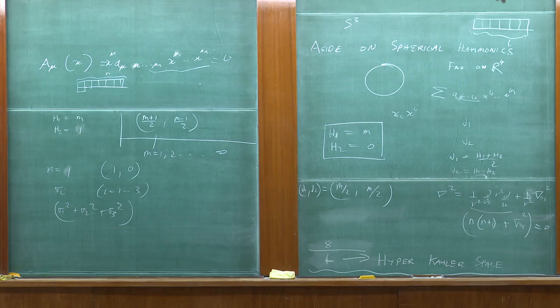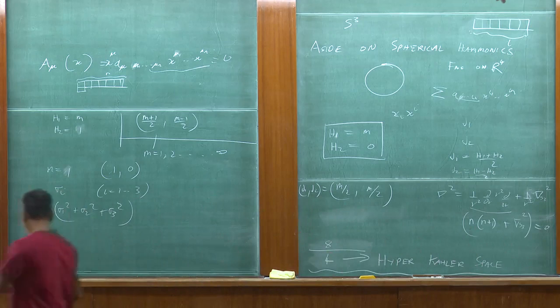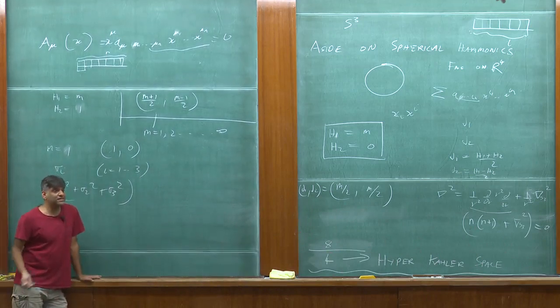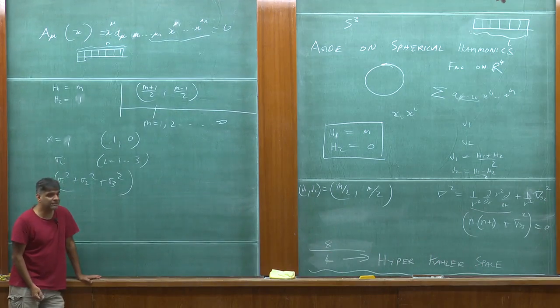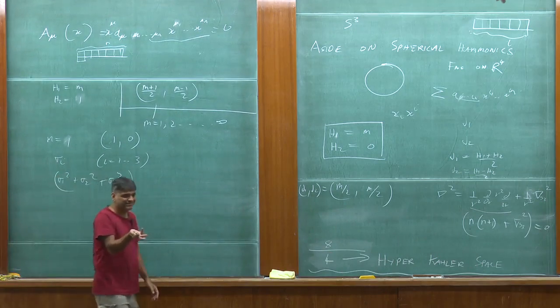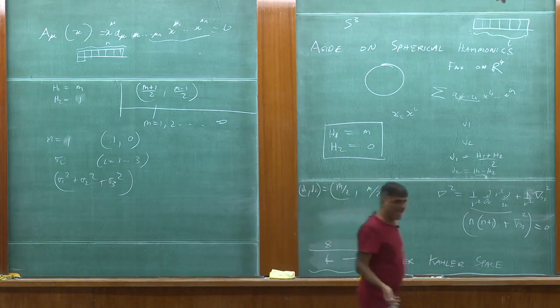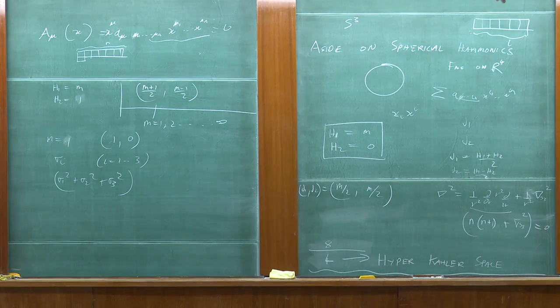Okay, excellent. So that was the round metric. But we are not interested in general in the round metric. We're interested in any metric that preserves SU2, the left invariant SU2. So any bilinear forms under these sigmas will do for us.